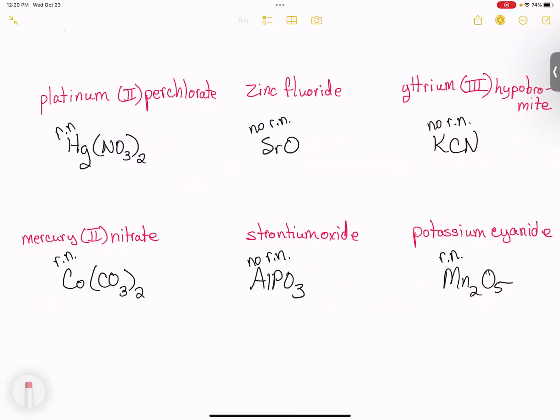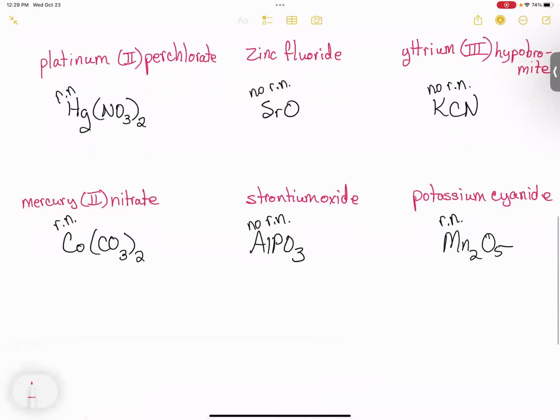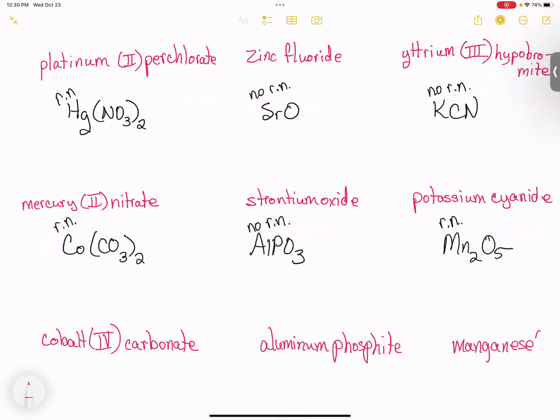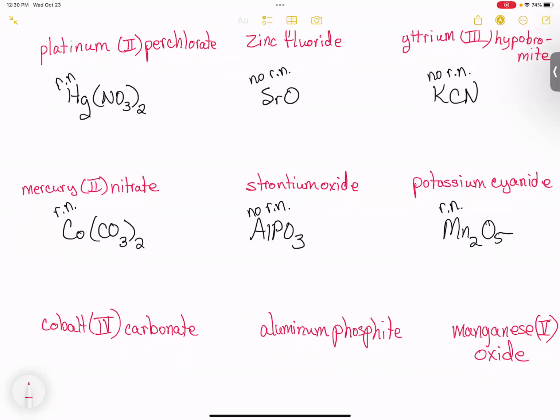So this one would be, okay, so the one that I was asked about was the cobalt carbonate one.